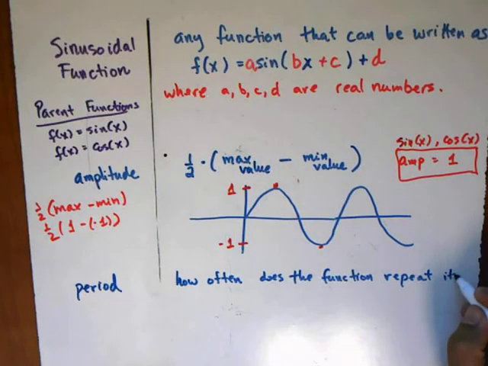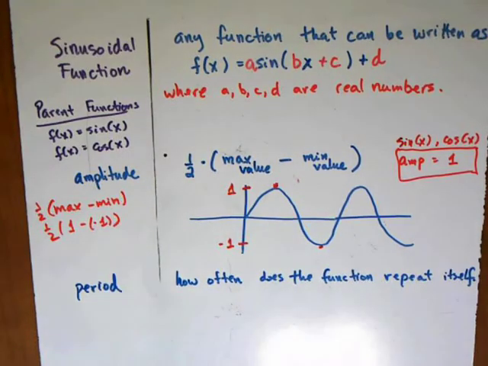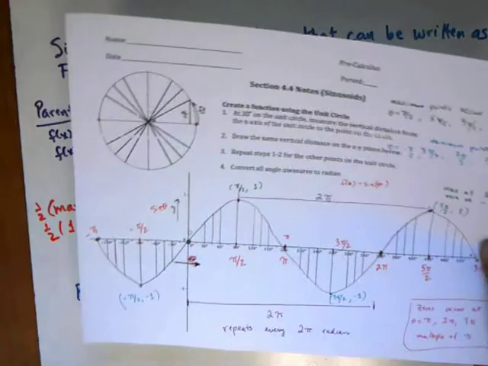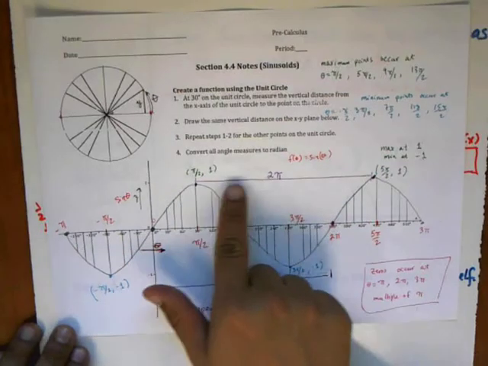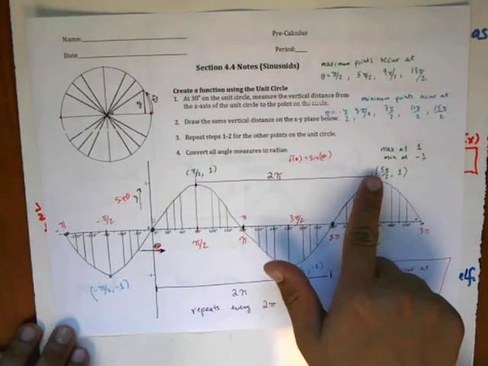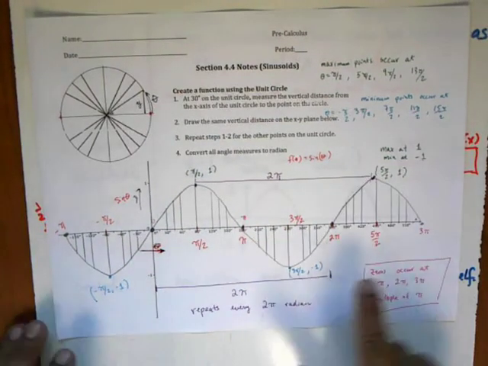And for the sine and cosine, I'm just going to take these former pictures here to show you. This is the sine function, and we already talked here that the function repeats itself every 2 pi radians. That's for sine.